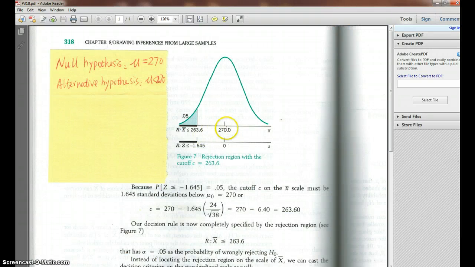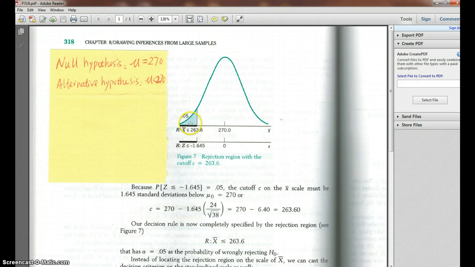If we go back to the distribution for x bar, we know by the central limit theorem that x bar is approximately normally distributed. So the curve looks like a bell-shaped curve, and we want to find the corresponding x bar point. This is the z point, this is x bar.